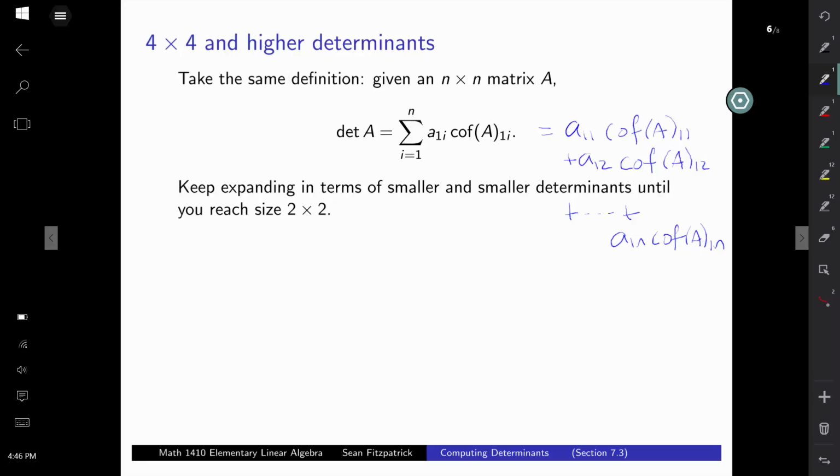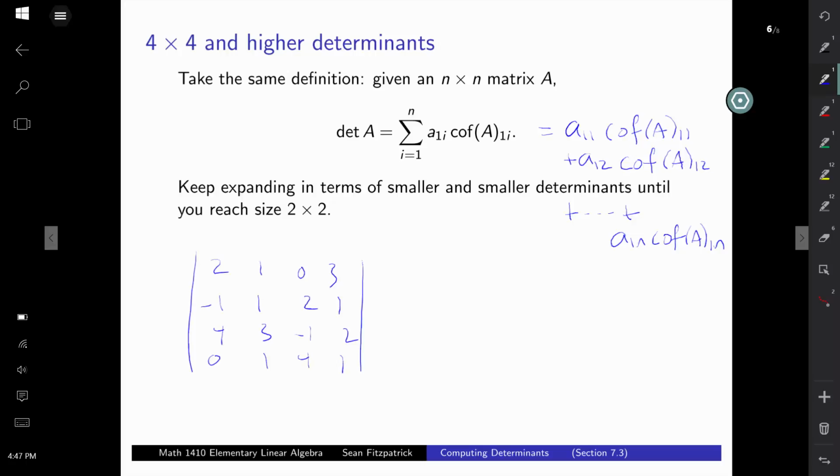Okay, so let's say you had a 4 by 4, right? Rows: 2, 1, 0, 3; minus 1, 1, 2, 1; minus 1, 2, 1, 4, 1, right?